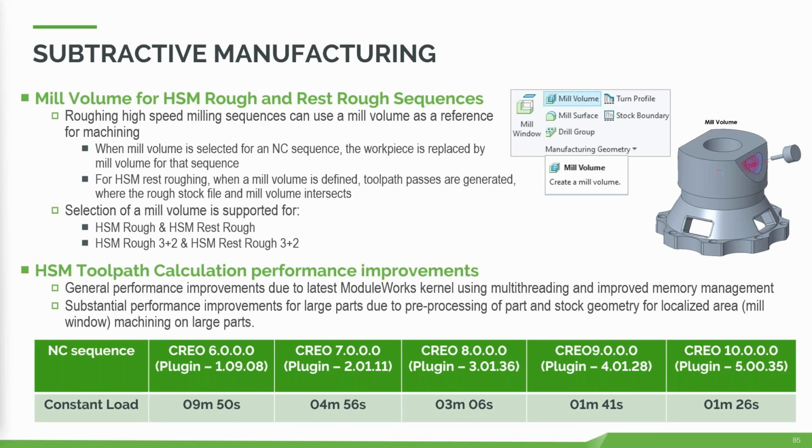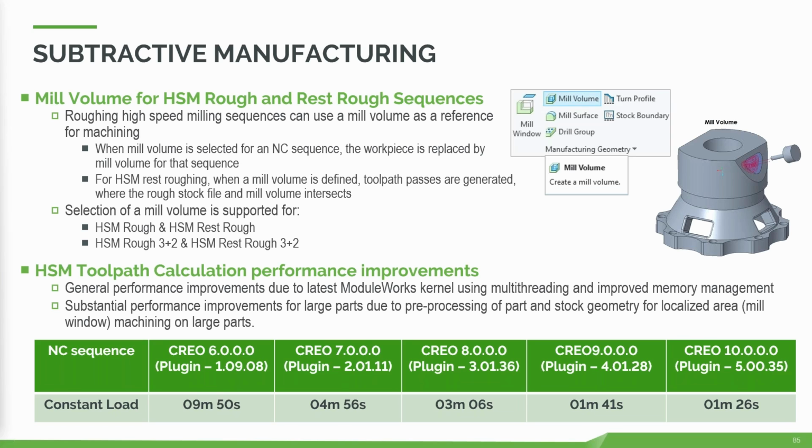So there are a couple of new options being added in Creo 10 for the HSM rough and rest roughing sequence. Okay, so basically some ability to now reference a mill volume rather than just a mill window. So that works across all the different 5x HSM rough and rest rough, and also the 3+2 tool paths.